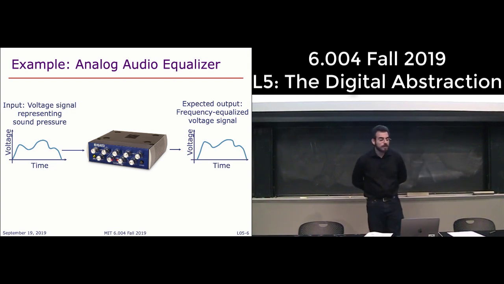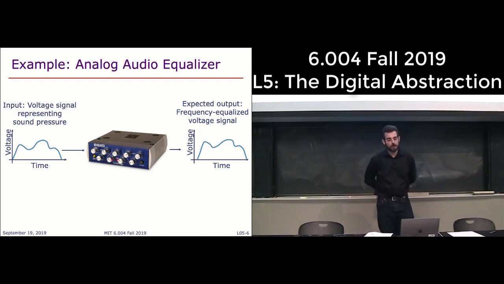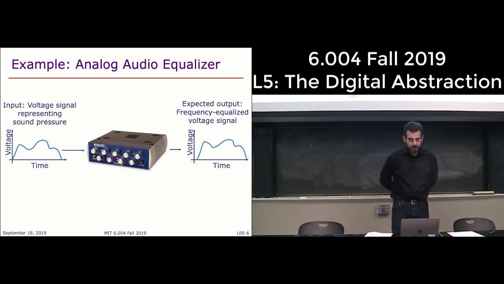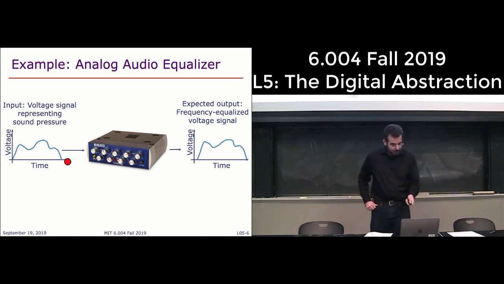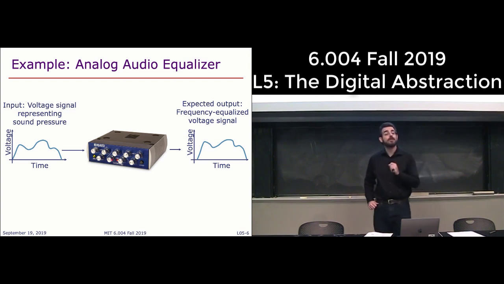One simple example that you might have at home, or at least have seen somewhere, is an analog audio equalizer. An equalizer essentially takes a signal encoded as a voltage that represents sound pressure. This is ultimately encoding sound. And then it has different knobs here, and those are controlling gains of different frequencies.